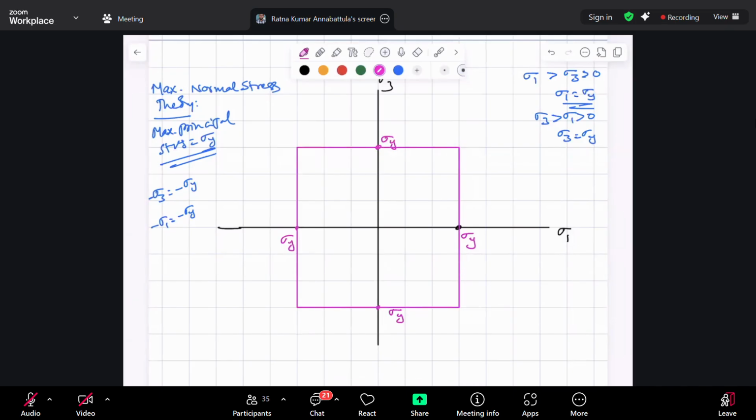So I would call this maximum normal stress theory, MNS. That is the failure surface for maximum normal stress theory.